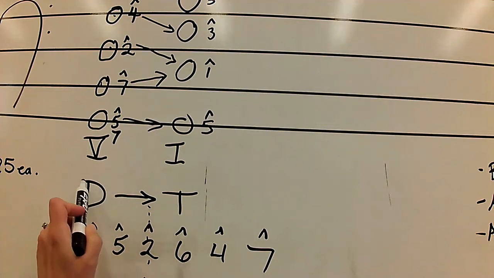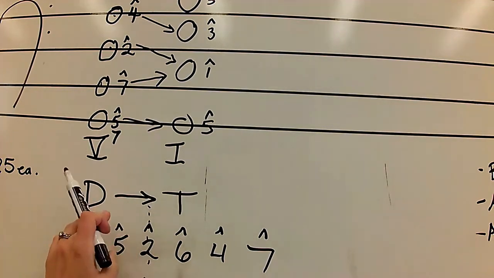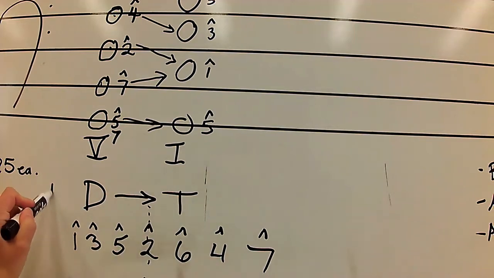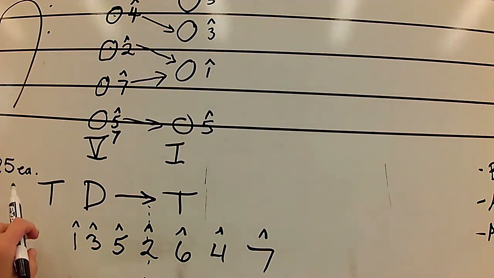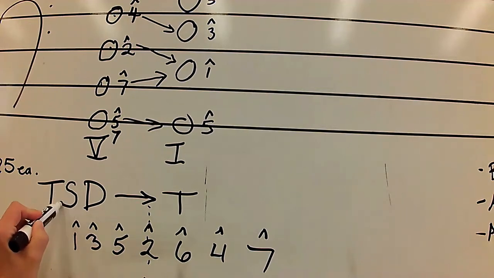But there is more than just dominant function and tonic function. Let's say we're starting with a tonic function chord, because that's a nice place to start, right? Establish your home key. Before we go to dominant, there's my dominant. We could make it a little more interesting by putting a subdominant in here.